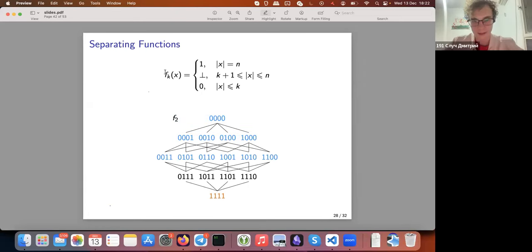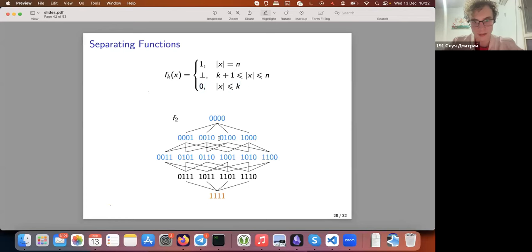We build the separating functions like this. That's a 4-dimensional Boolean cube. The function is equal to 1 for the string of all ones, and it is equal to 0 for strings having at most k ones.